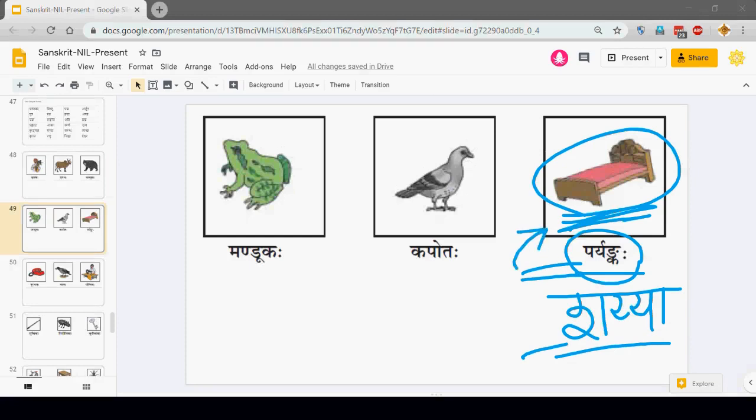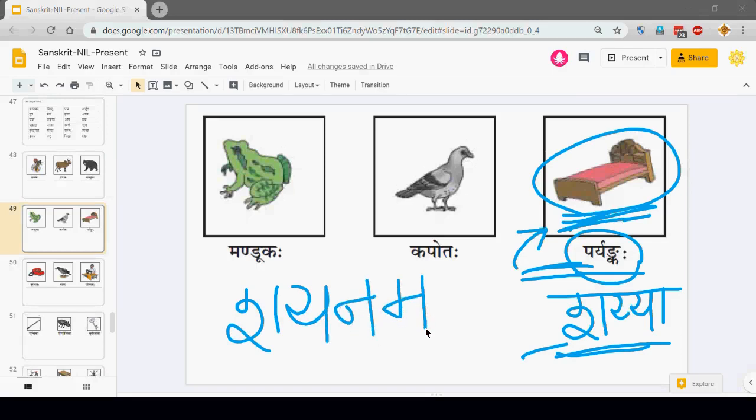Both the words refer to the same object, the same entity, but the one word is masculine, Paryankaha, whereas the other word, Shayya, is a Strilinga word. There is another word for the same bed called Shayanam.